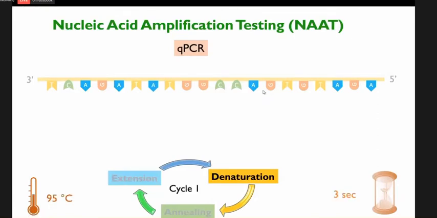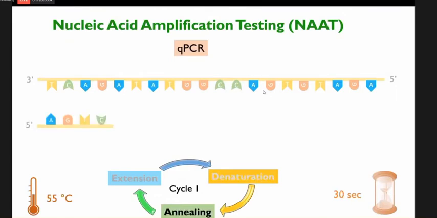The denaturation step consists of heating the reaction chamber to 95 degrees centigrade for 3 seconds, and it is used for the denaturation of the double-stranded DNA template.